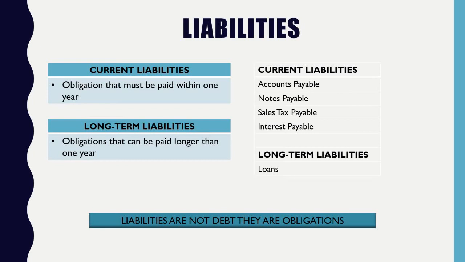Okay? And usually that's going to be categorized as a current liability because it's something that you owe within a year. Okay? Anything that you owe beyond a year, so more than a year, is going to be considered a long-term liability. Okay? Pretty straightforward looking at just the terminology.